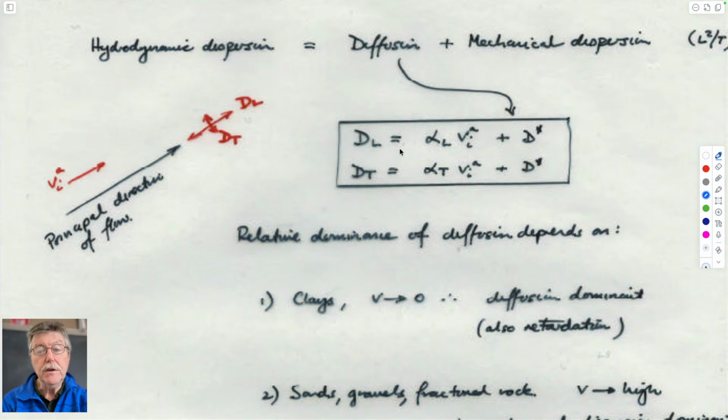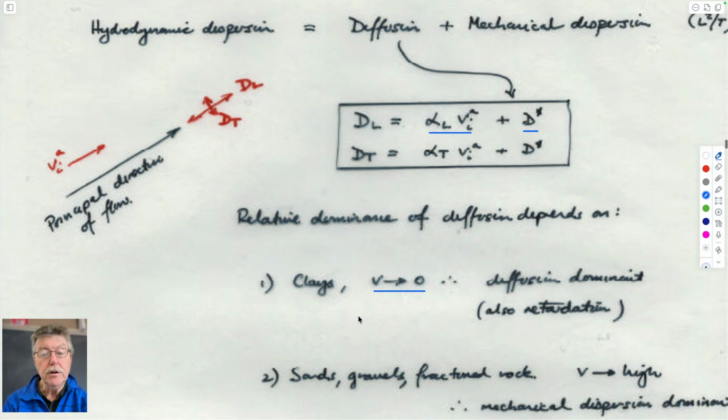So now we know that we can have mechanical mixing occurring, and we can also have, at the same time, diffusion. So if the water's not moving at all, then we'd expect there to be no mechanical mixing, but we would still get Fickian diffusion by this equivalent magnitude. So if in clays the advective velocity was zero, we'd lose this term, and then the longitudinal dispersion would just be equal to D star.